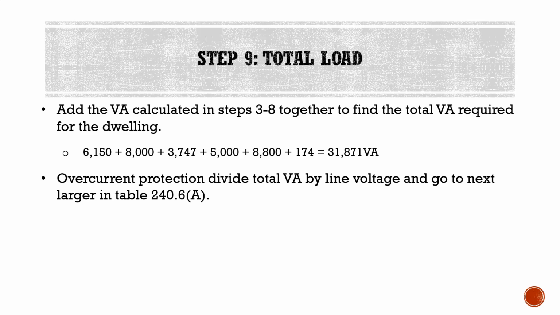What you have to keep in mind here is this isn't a feeder, though, because I see a lot of people try to go down to the next size. This is not a feeder, this is a service, and that rule does not apply to services. For services, we have to have at least the amount of amps and volt amps that we calculated during these steps. So we don't have any choice except to go up to the next larger size.